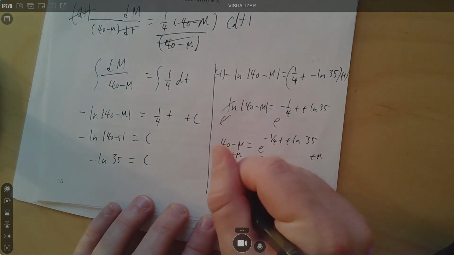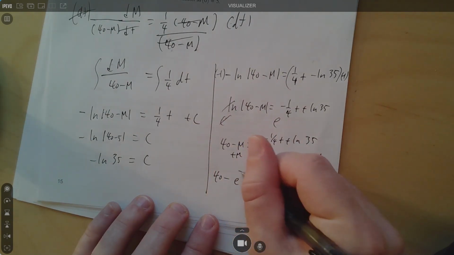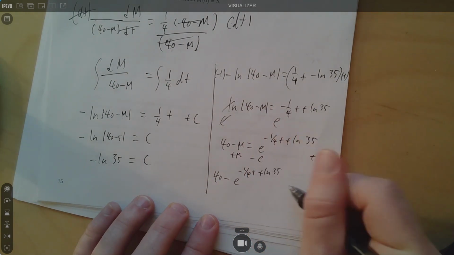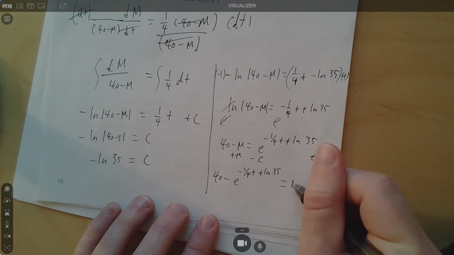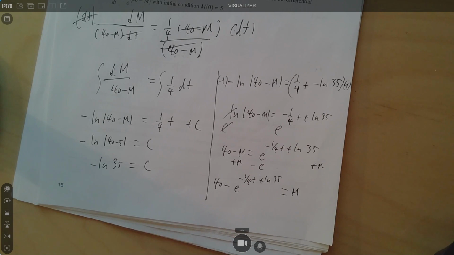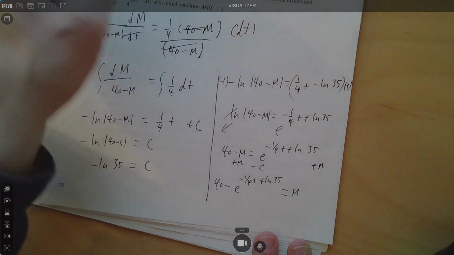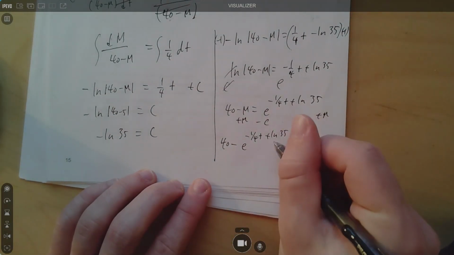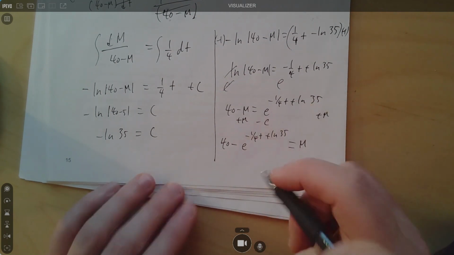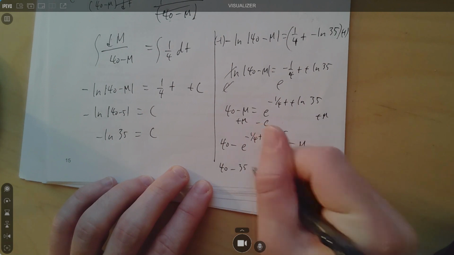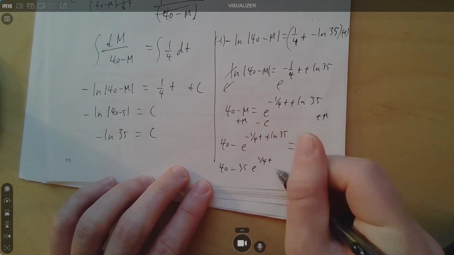So we get 40 minus e to the negative 1/4 t plus ln 35 equals m. This could be rewritten if you wanted to. This is fine, I'm sure, but it could be written. This ln 35 can come down to the front, and this could be written as 40 minus 35 e to the negative 1/4 t equals m.